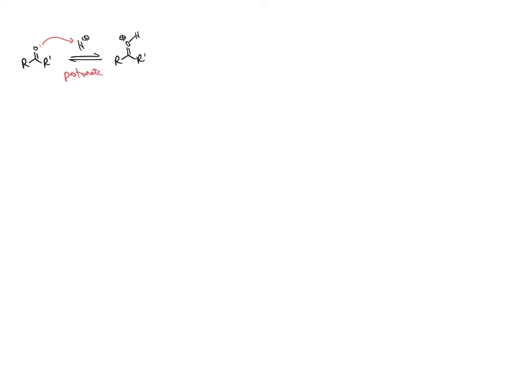This lowered LUMO then allows us to become attacked by the alcohol. So alcohol attacks, and attacks that pi star CO. And that's going to lead to a tetrahedral intermediate.